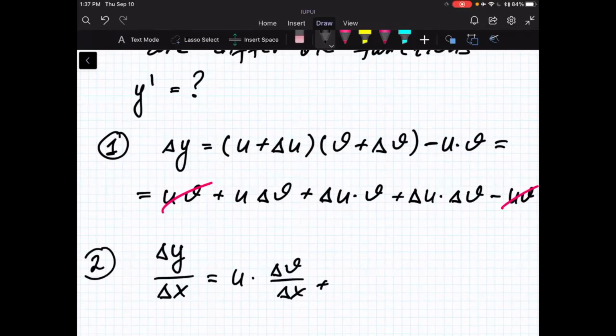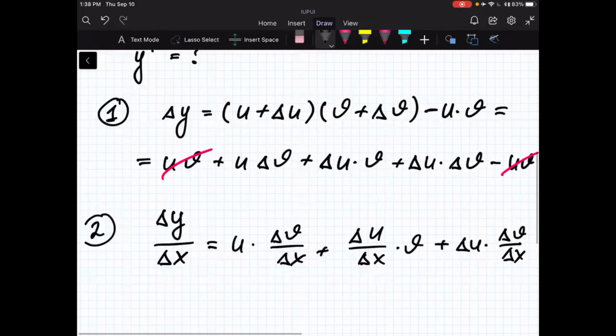And for some reason, I divide the one that has change, that has delta sign in it. So I get delta u over delta x times v, and plus, say, delta u times delta v over delta x. This is our second step.